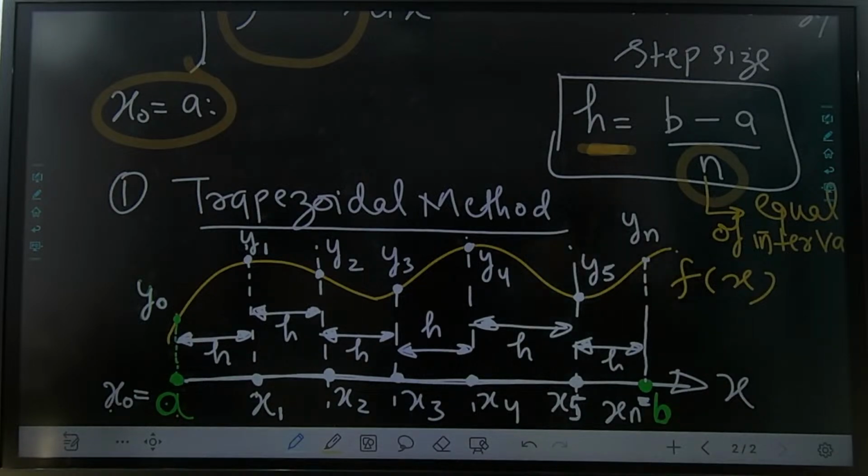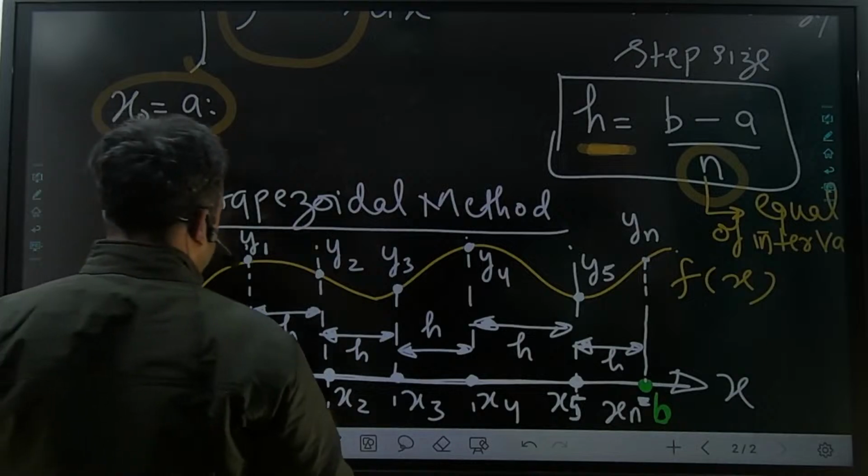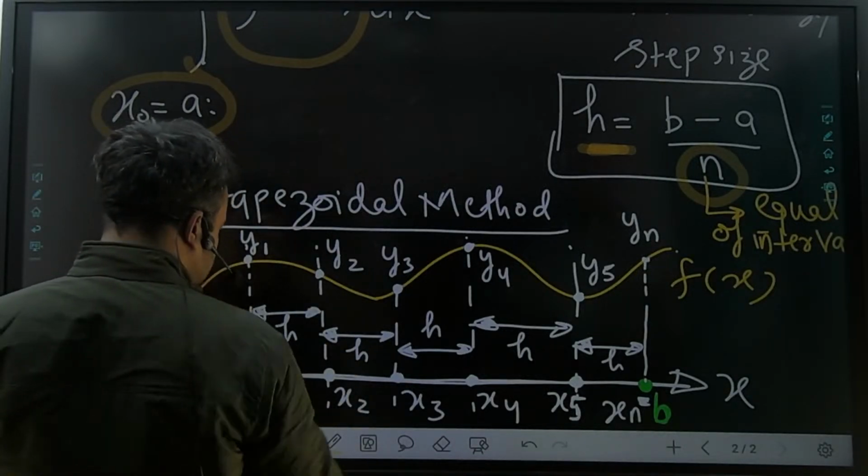Now, if you want to integrate by this method, remember, this method is suitable for linear functions.